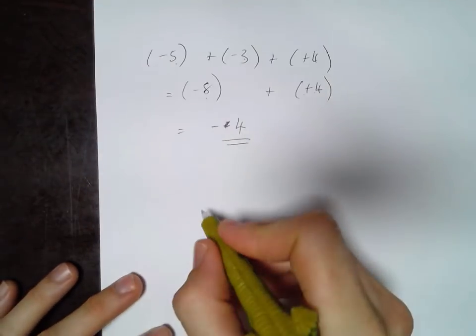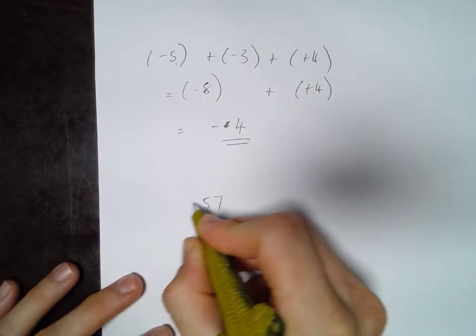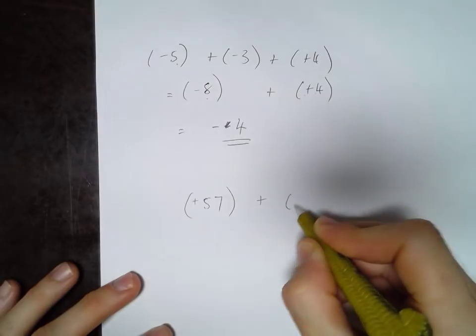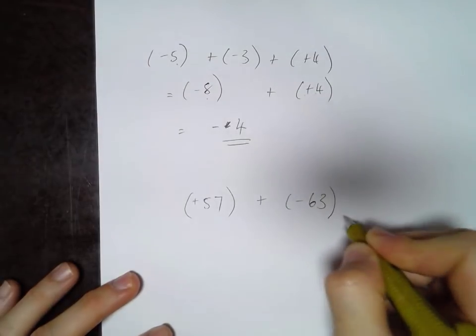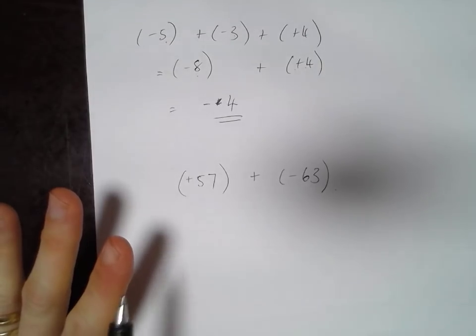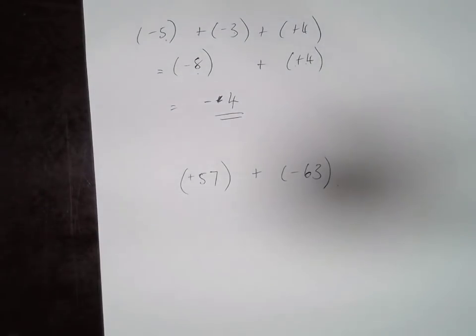My second mistake was 57 positive plus -63. Now I did this on a count back system, and that's where I made my mistake, because I went 57 and I counted back 60 and I got to -7, which is wrong.